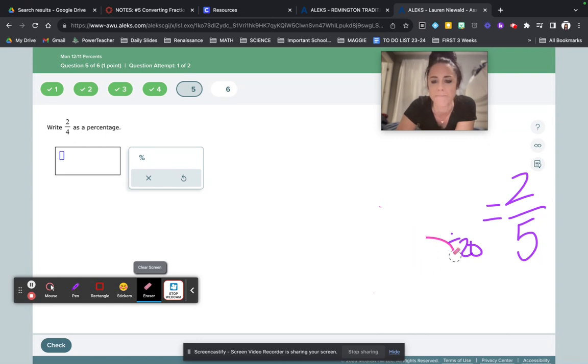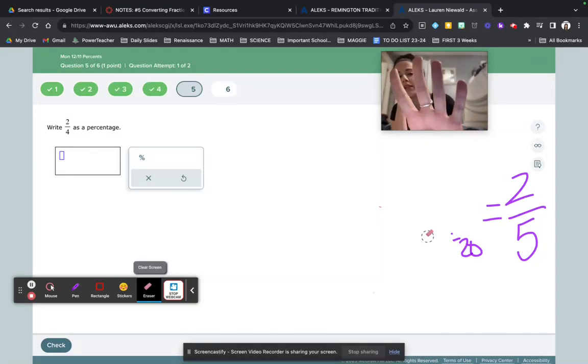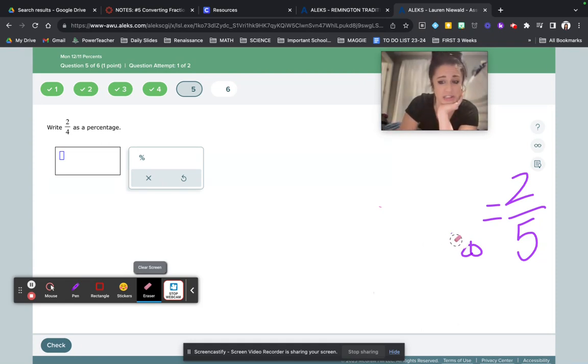We have 4 cookies and you eat 2 of them. What percent does that look like? Looks like about half, right? So if you talk about half, what percent would that be?